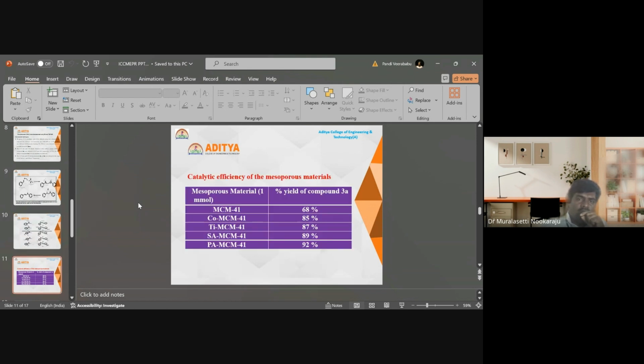And when we come to the catalytic efficiency of these materials, among the materials that were tested, phosphosulfonic acid MCM41, which has more acidic functionality at the surface, is found to have a yield of about 92% compared with the unfunctionalized MCM41.